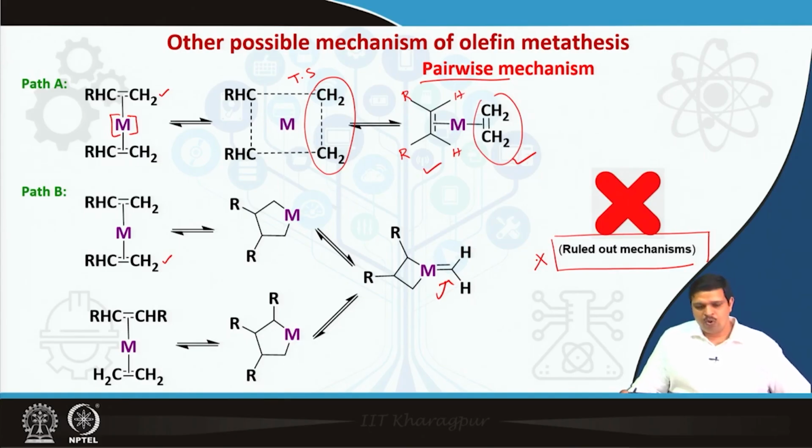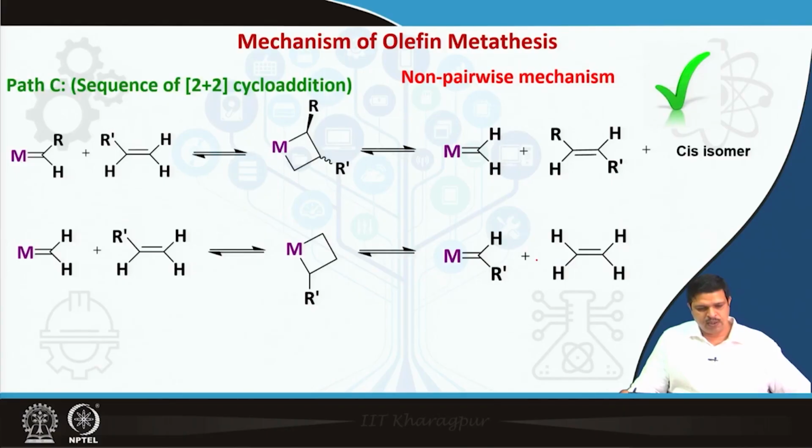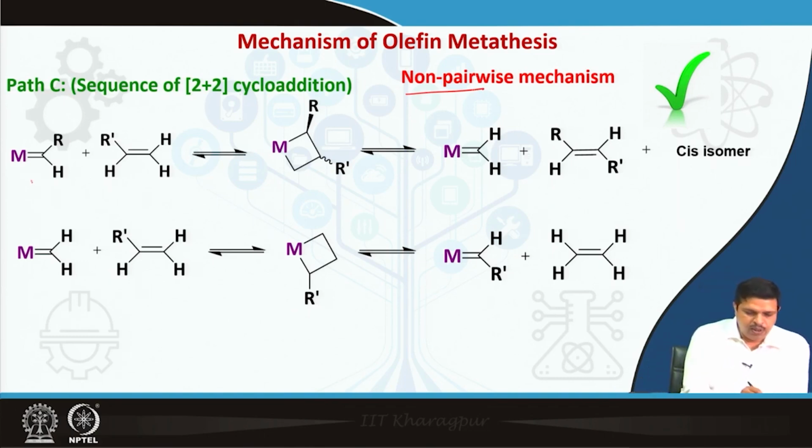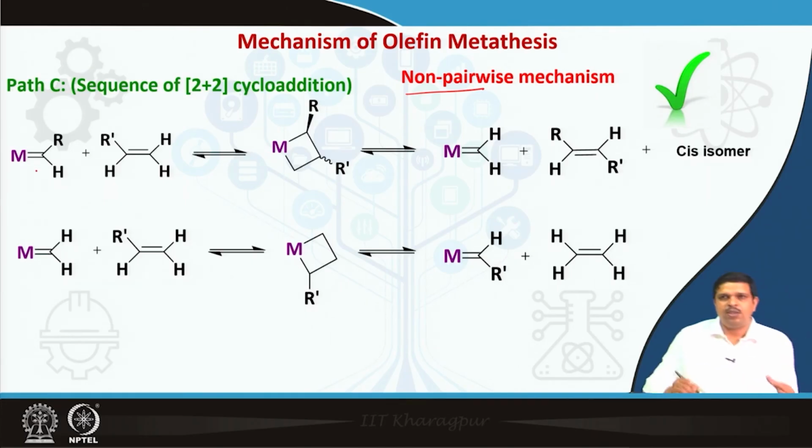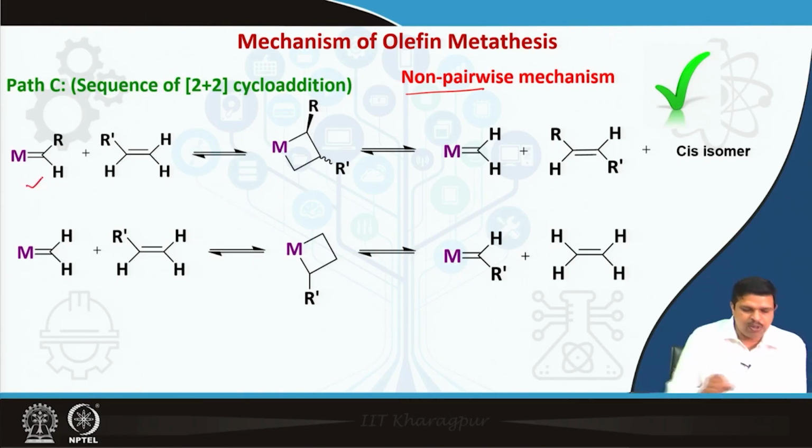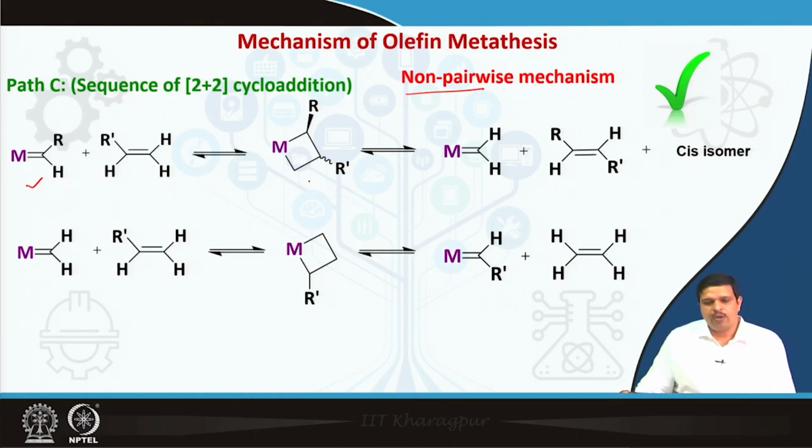So what is the more well accepted mechanism? That is this one, called the non-pairwise mechanism. What is the non-pairwise mechanism? Here you see this is my metal-carbene. This is just taken as a general form, not a specific metal-carbene. It forms a metallocyclobutane.